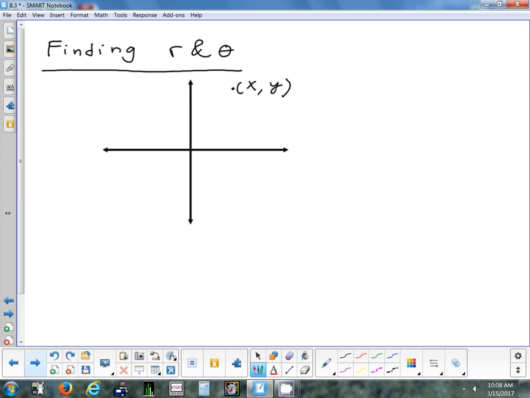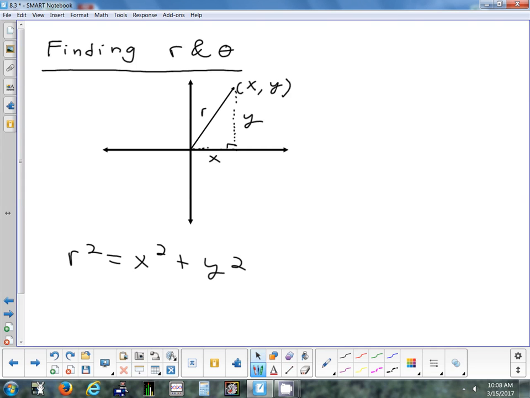So let's pretend that that's the point x plus iy, an imaginary point, and I want to convert it to trig form. The first thing I'd have to do is find the radius. Well, just make a triangle out of it. That's x, that's y, and then you can just write r squared equals x squared plus y squared.